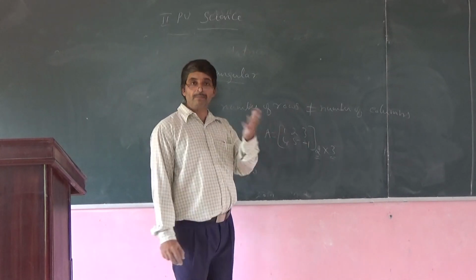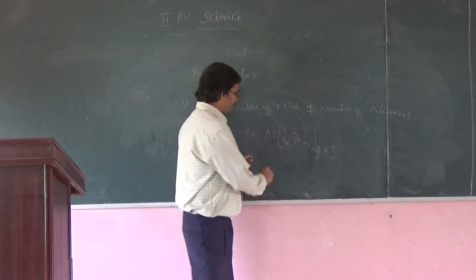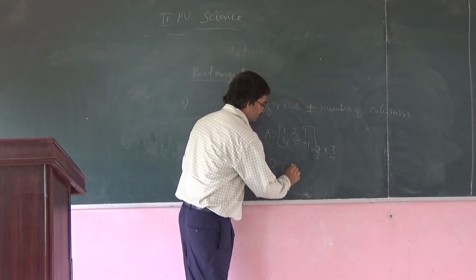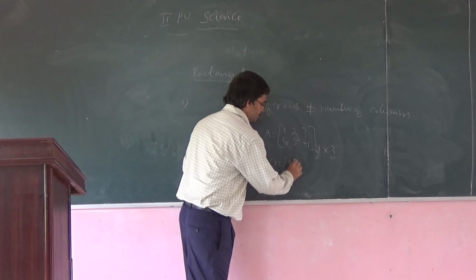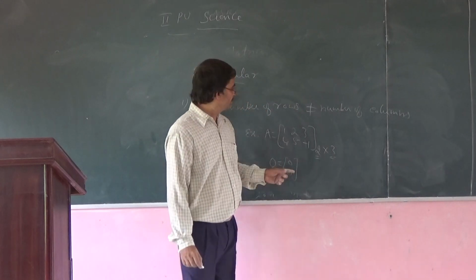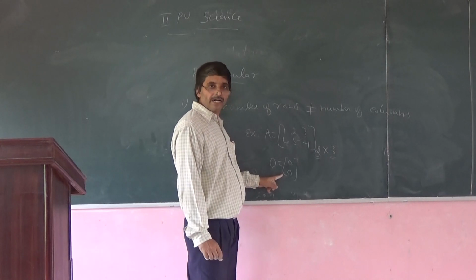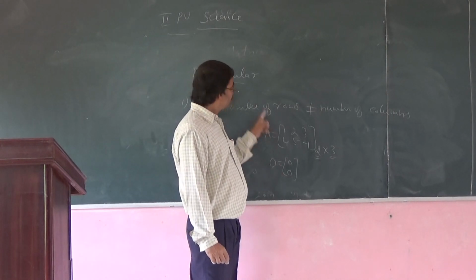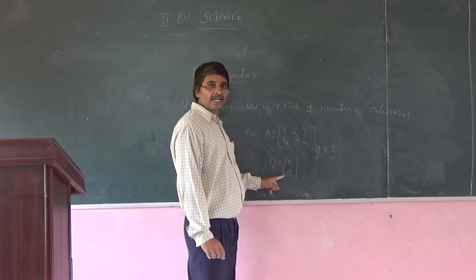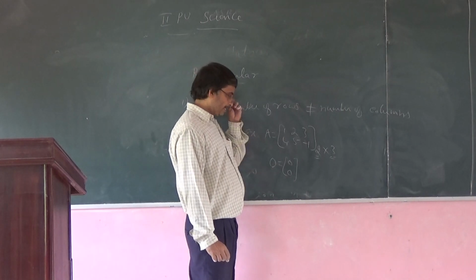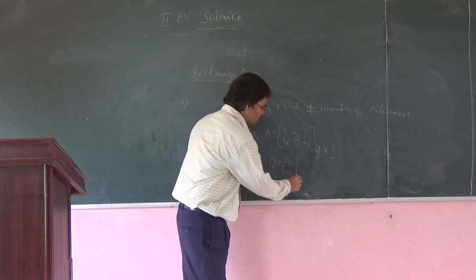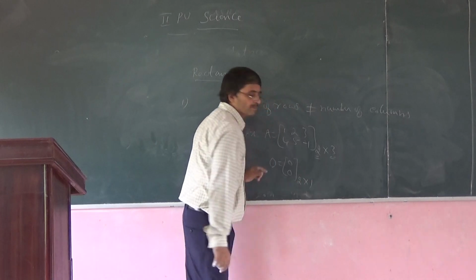A rectangular matrix can be a null matrix also. For example, if I write like this, it is also a rectangular matrix. Of course, it is a null matrix as well as a rectangular matrix, because here there are 2 rows, 1 column.